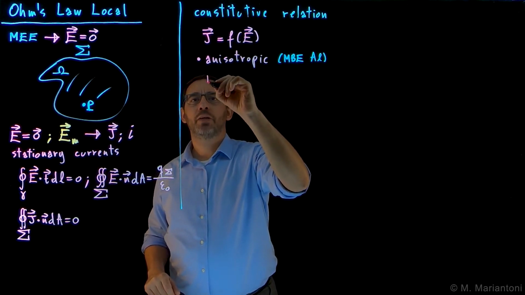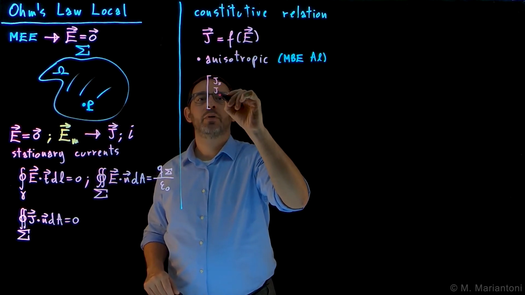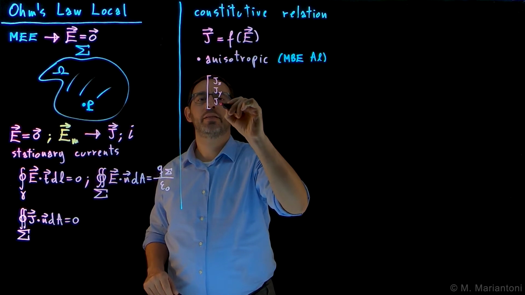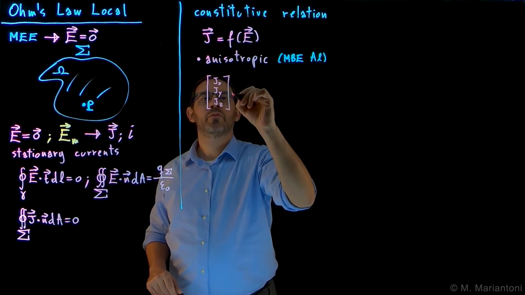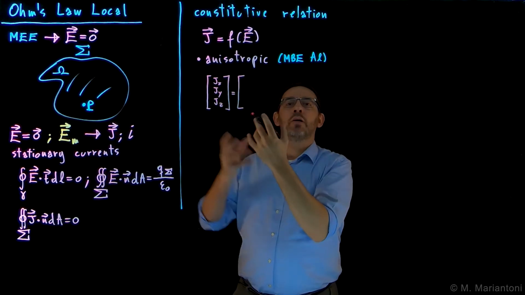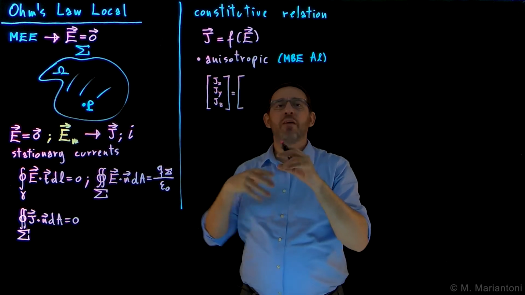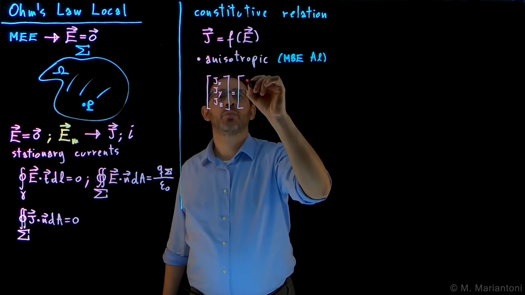You can write it, for example, in a Cartesian coordinate system, as Jx, Jy, and Jz. I'm embedding and encoding all the knowledge I don't have of this function f in some coefficient. Let's call it a small s.